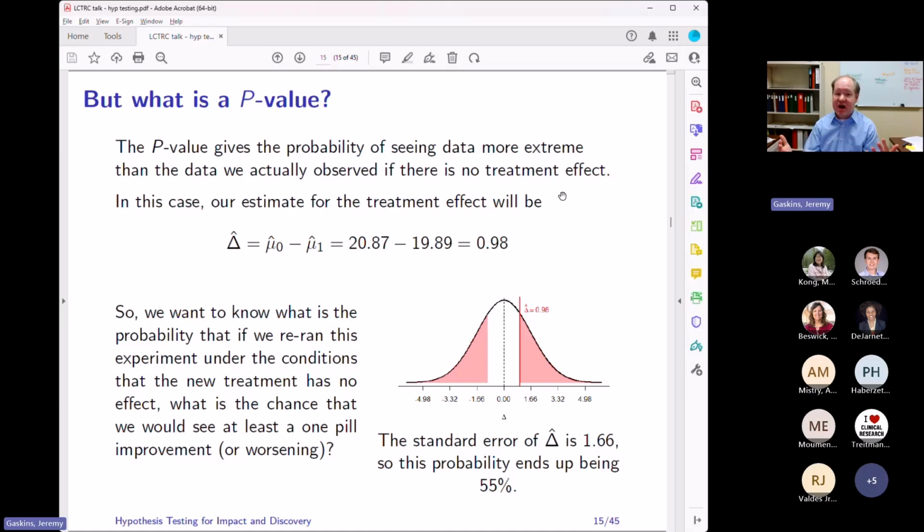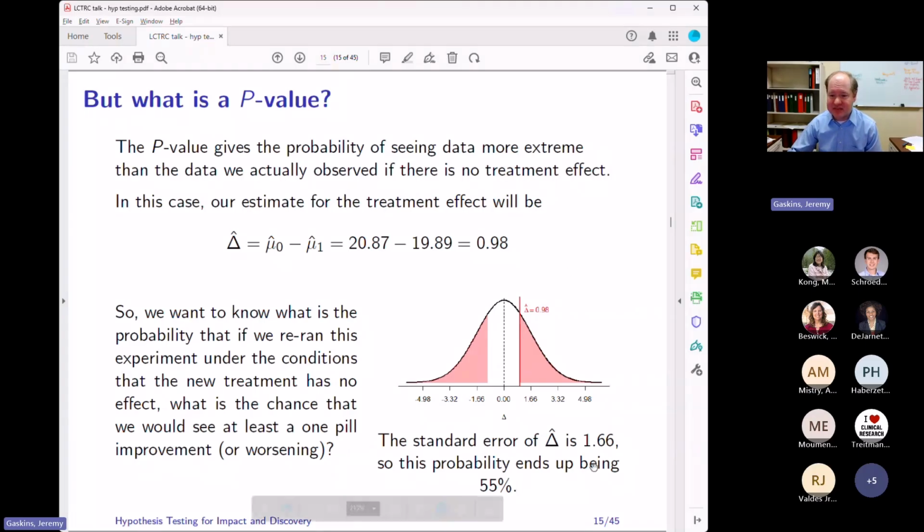And so what do I mean by more extreme than the data we actually observed? I want to know what's the probability that if I reran this experiment using a treatment that I knew had no difference from my standard counseling, just by random chance I would have ended up with a group difference of 0.98 pills or more, or a negative 0.98 or less.